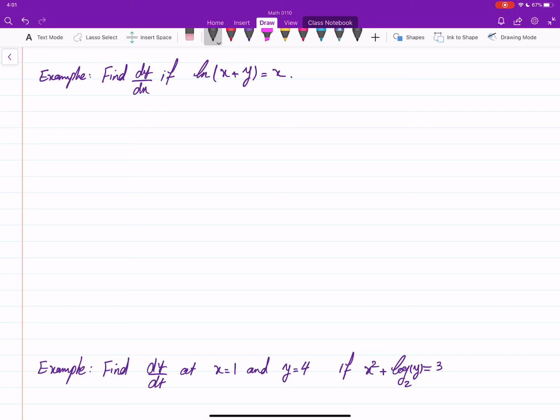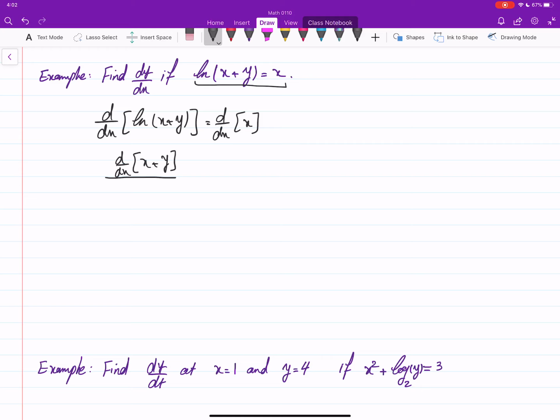Find dy/dx if x and y have this relation. We have to do implicit differentiation to find the derivative of the function. For this, you always start with differentiating both sides. And then this gives us what? The derivative of the function inside ln over the function itself, and then the derivative of x is 1 with respect to x.